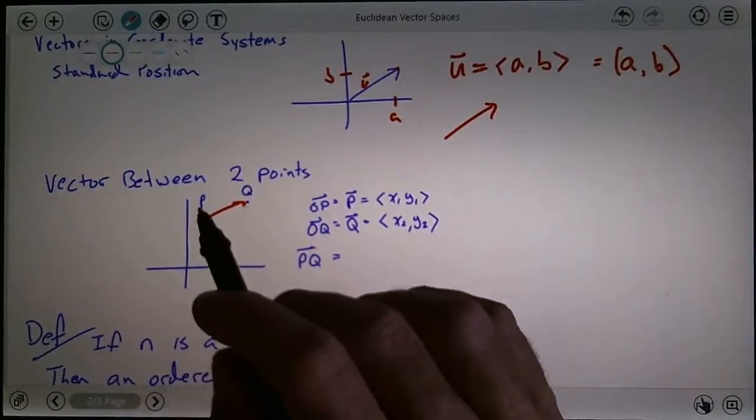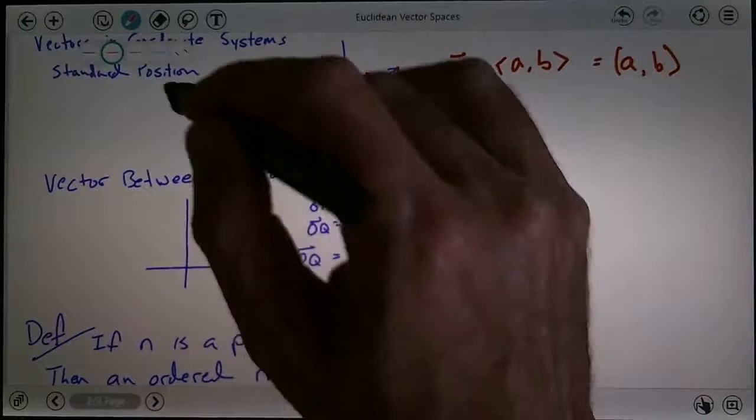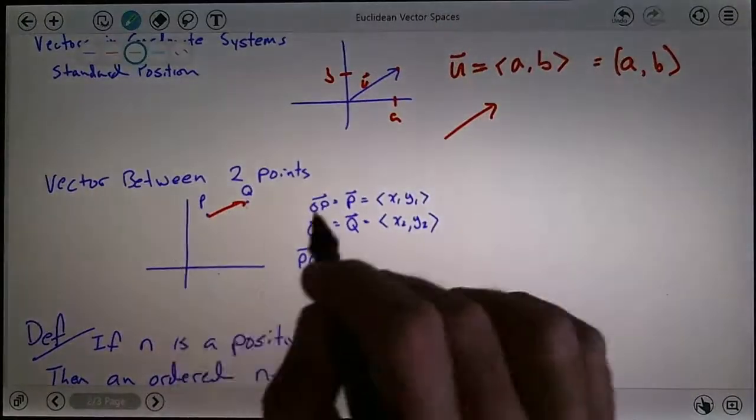So here we go. I'm trying to come up with the vector PQ. But think about the vector OP, where O is the origin.